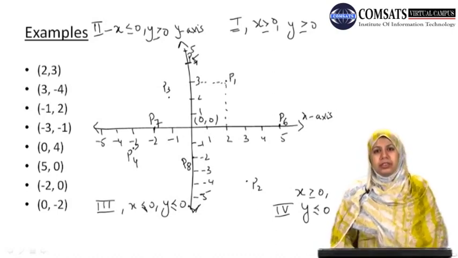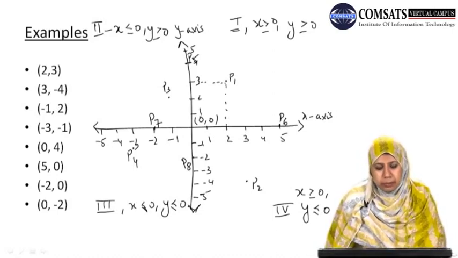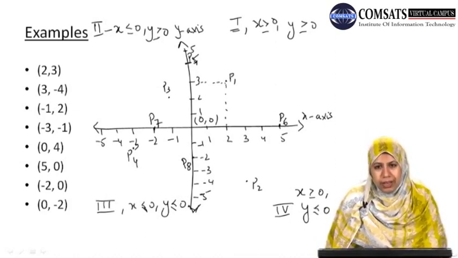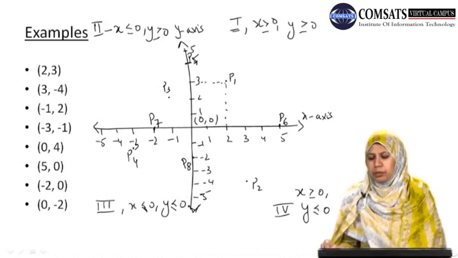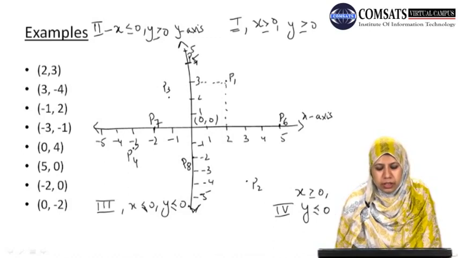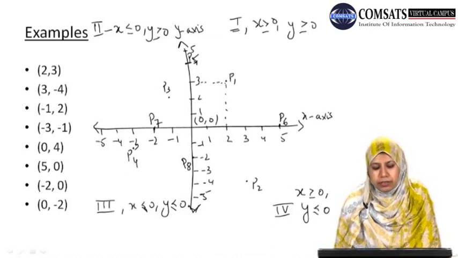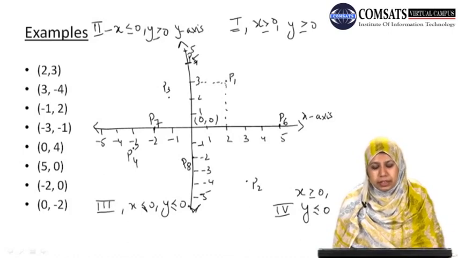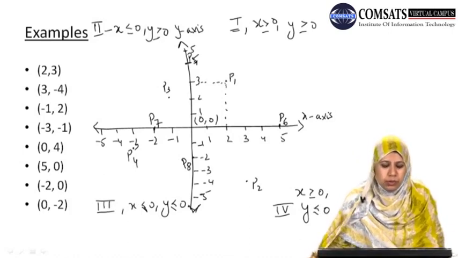So if we are given a point in our coordinate plane, we can locate it easily by knowing the values of x and y. If both are positive, the point will lie in the first quadrant. If x is negative, then the point will lie in the second quadrant. If both are negative, the point will lie in the third quadrant. And if y is negative, the point will lie in the fourth quadrant.